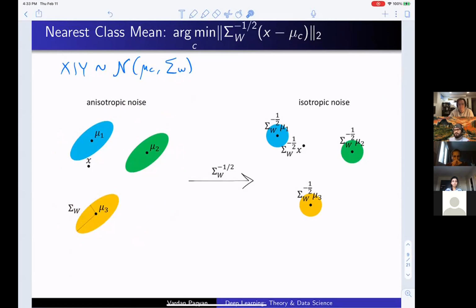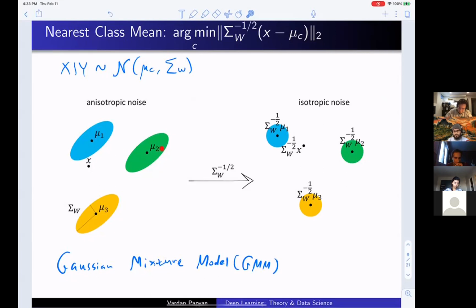How would you call such a distribution? Gaussian mixture model, exactly. This is called a Gaussian mixture model, or in short, GMM.